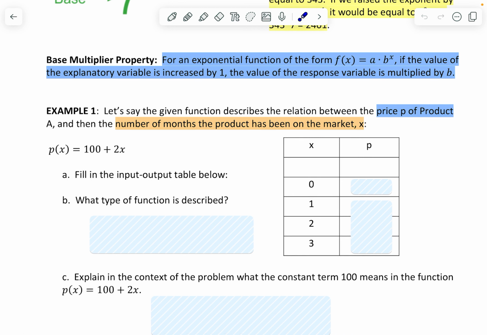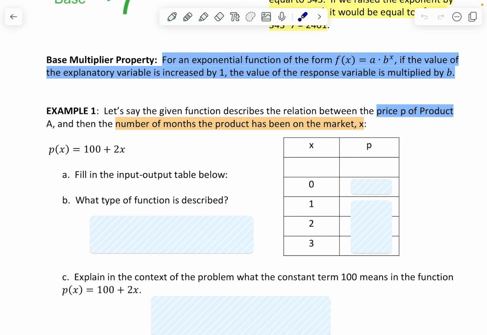So example 1, let's say the given function describes the relationship between the price of a product and the number of months that the product has been on the market. Your explanatory variable is the number of months that it's been on the market, right? That's time, that's our x. The response variable is the price of the product.